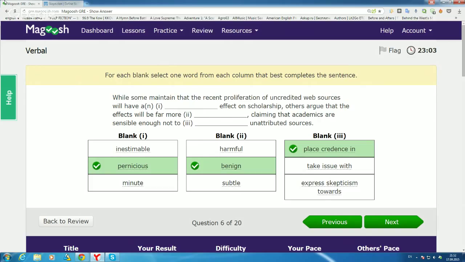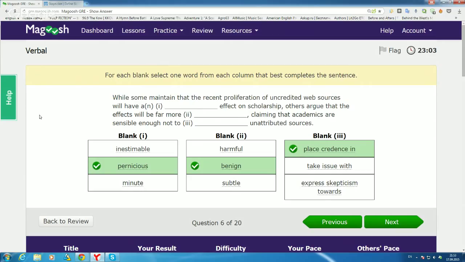What does subtle mean? Subtle means little.